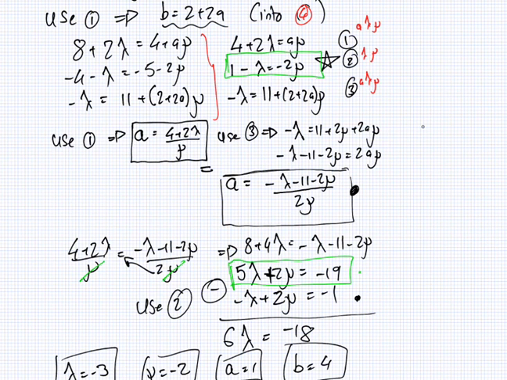Minus lambda plus 2 mu... Oh yeah, that one is coming from here. Minus lambda plus 2 mu equals minus 1. I just rearranged it. But I took that down to there.